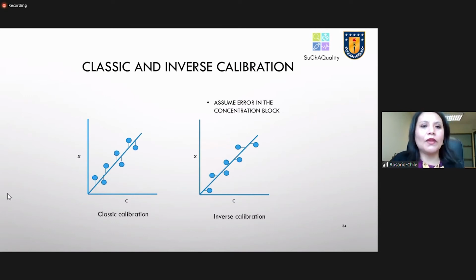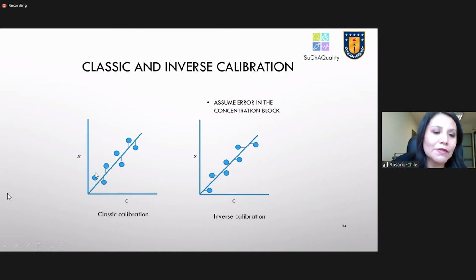So we have two options to follow: classic or inverse calibration. Classic, like the Lambert-Beer law, is based on the calibration of absorbance or signal depending on the concentration, like this plot.